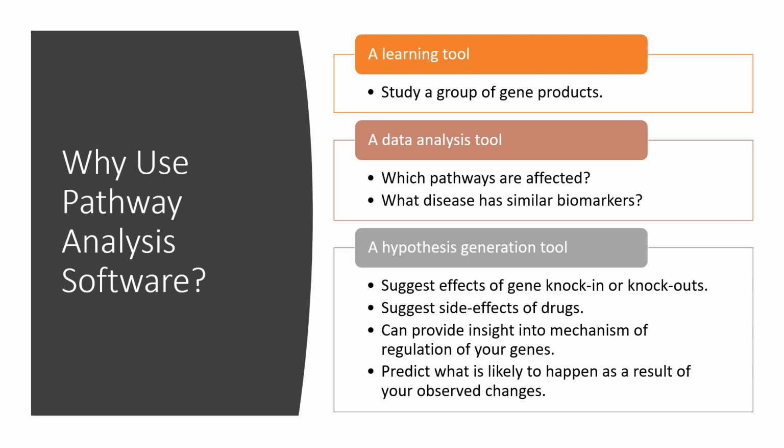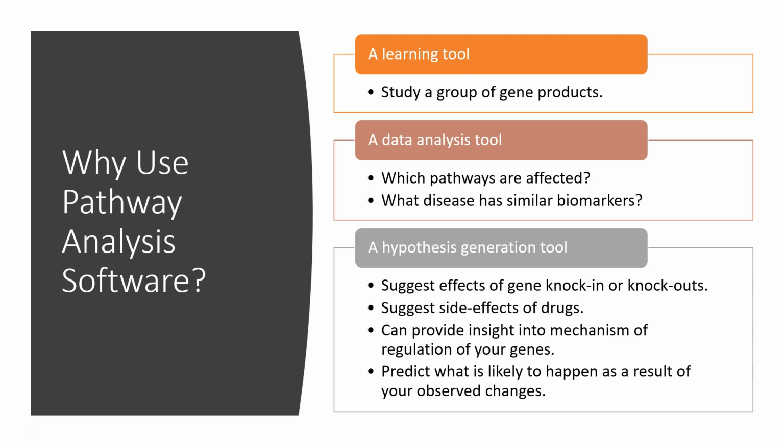And finally, the biggest reason people use them nowadays is as a hypothesis generation tool. By using all the information that they already have available in the pathway analysis, they can generate ideas on what effects a gene knock-in or knockout might have.